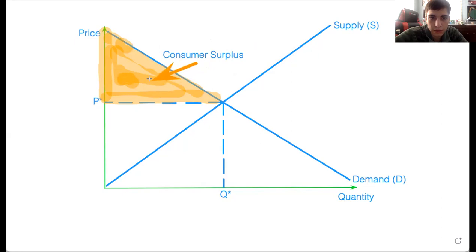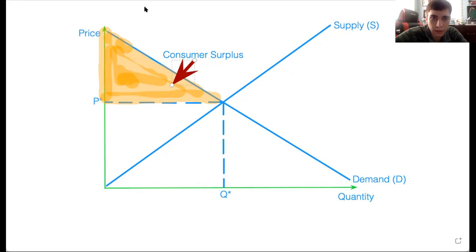So that, my friends, let me change the color on that to a red. So that is consumer surplus right there. Okay.